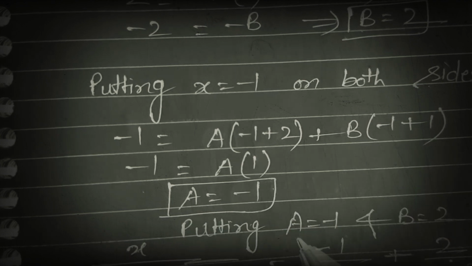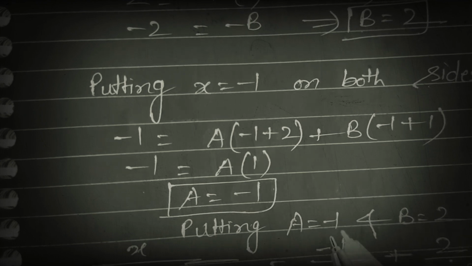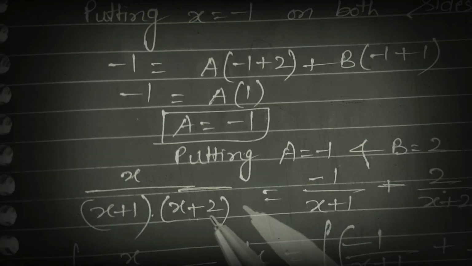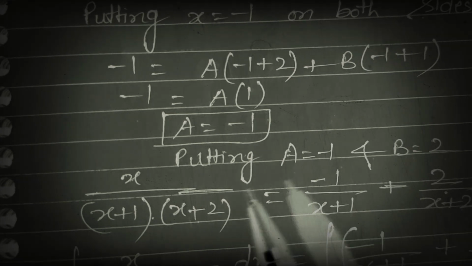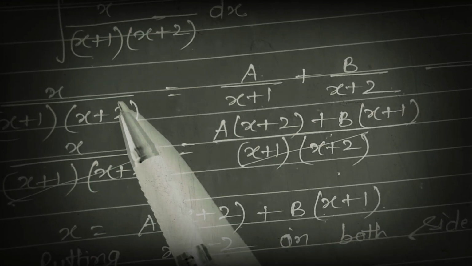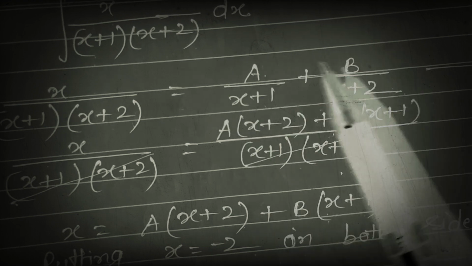So we have got A is minus 1 and B is 2. Then we can write x upon x plus 1 into x plus 2 is equal to minus 1 upon x plus 1 plus 2 upon x plus 2. We put the A value and B value in equation number one.